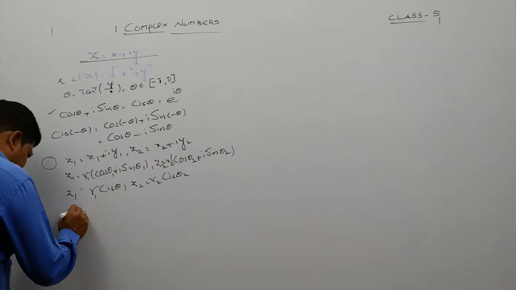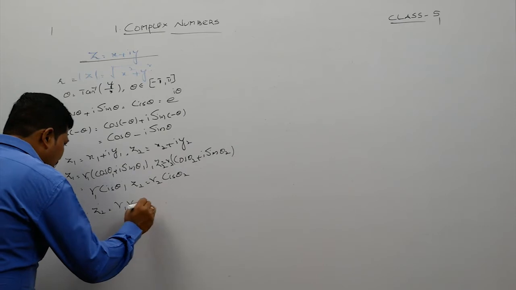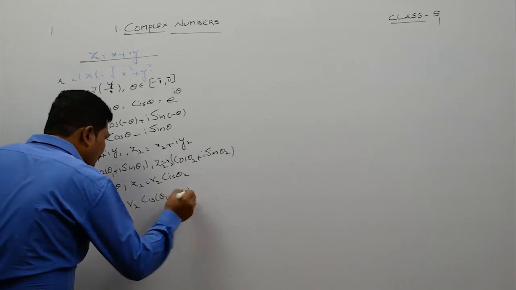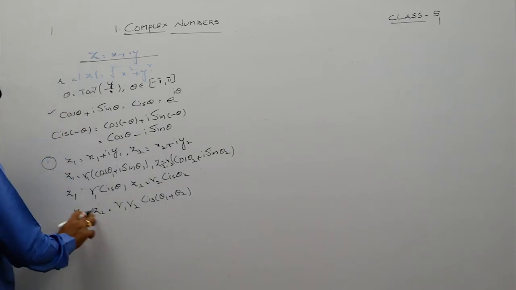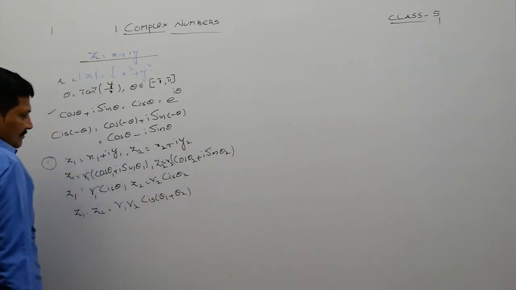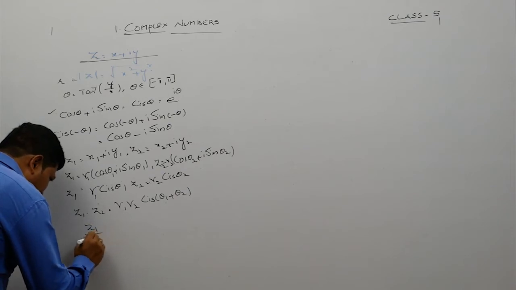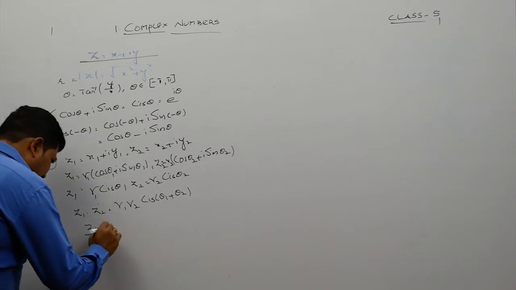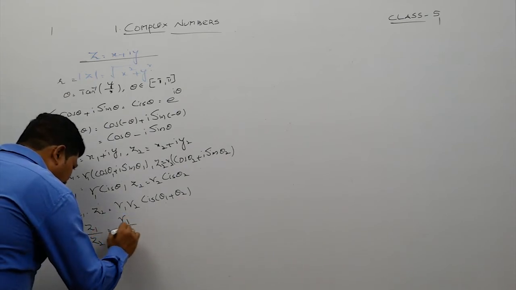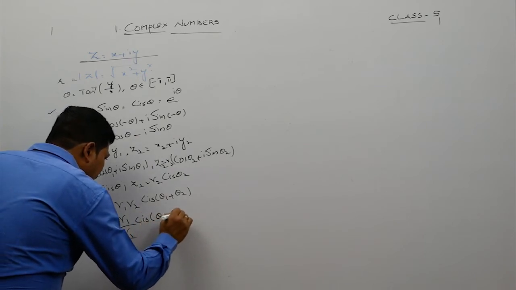Now z1 into z2 is equal to r1 into r2 into cis of theta 1 plus theta 2. So here the product on the left hand side in terms of cis is distributed as a sum, cis of theta 1 plus theta 2, and next one z1 by z2. z1 by z2 is equal to r1 by r2 into cis theta 1 minus theta 2.